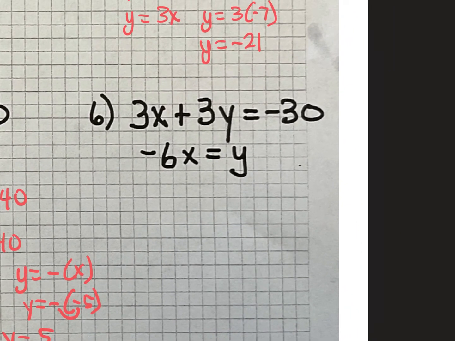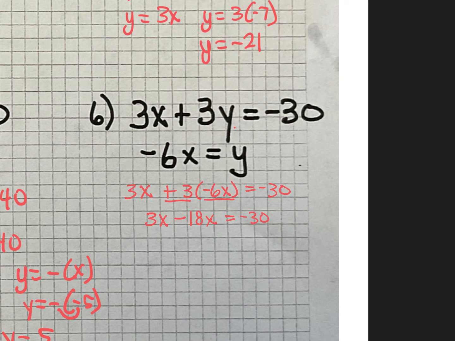Next one. Let's see, y is equal to negative 6x, so we have 3x plus 3 times y, but y is now negative 6x, equals negative 30. So we have to get rid of the parentheses first. Positive 3 times negative 6x, we have 3x minus 18x, equals negative 30.